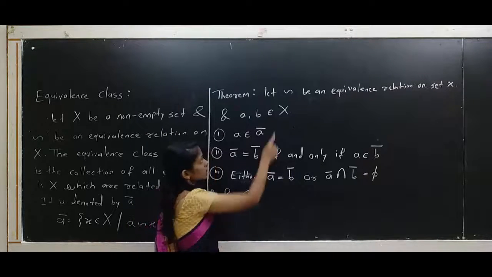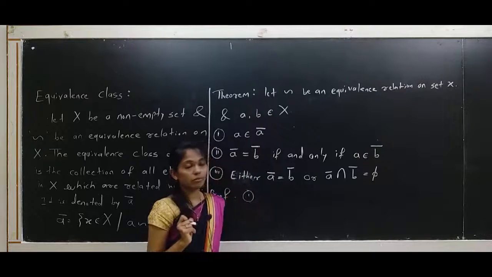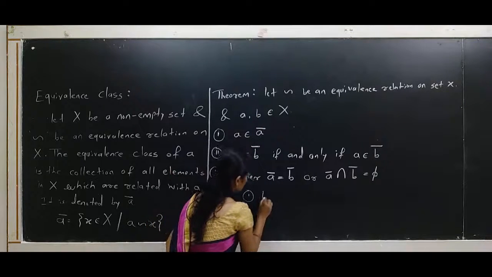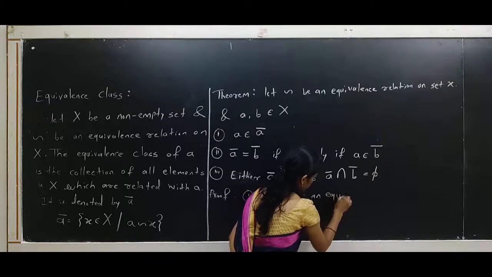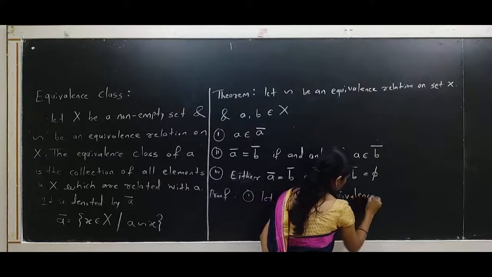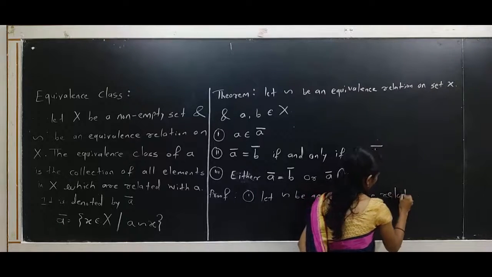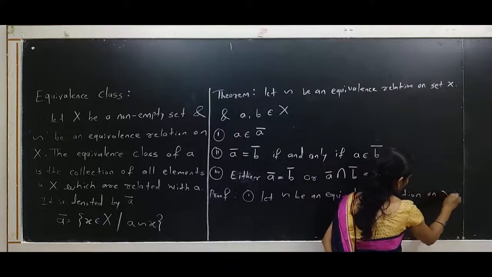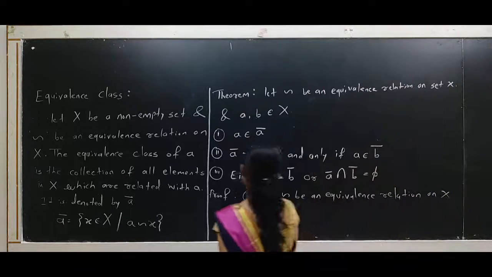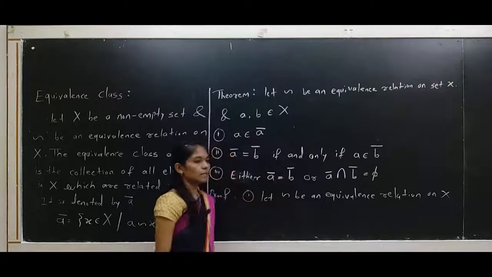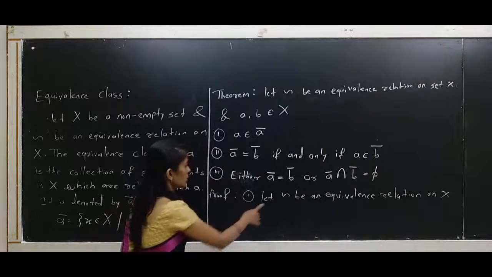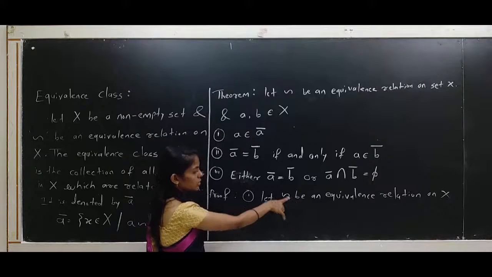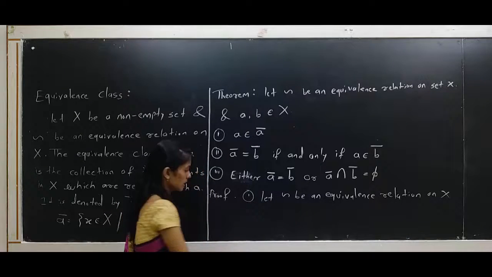First, here given that relation be an equivalence relation. So let relation be an equivalence relation on set X. So equivalence relation means it is reflexive, symmetric and transitive. So by equivalence relation, the relation is reflexive.